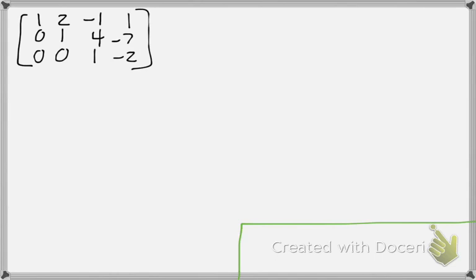So I'm going to the next slide, and this will be my matrix in row echelon form.